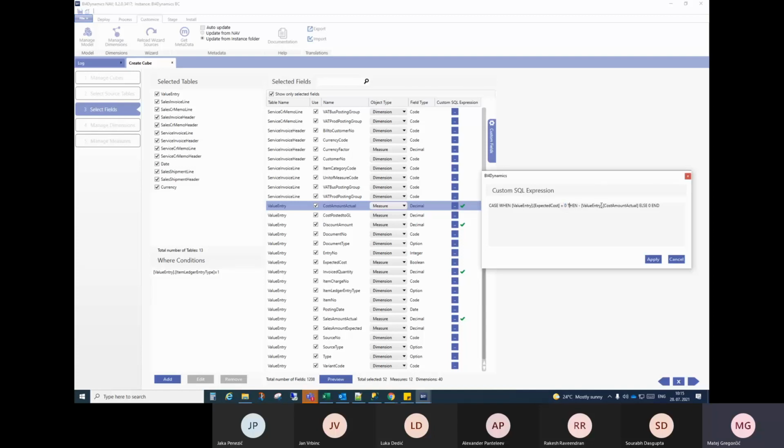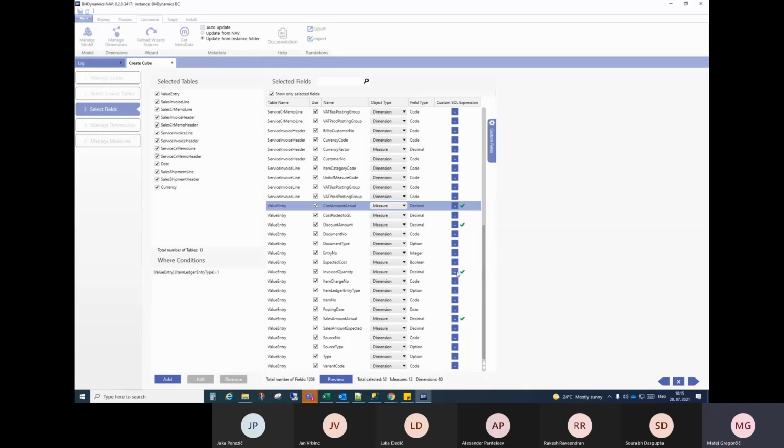If it is 0, we'll have a cost amount actual with the sign of minus. This is all Navision logic, and it makes sense when you look at it that way.